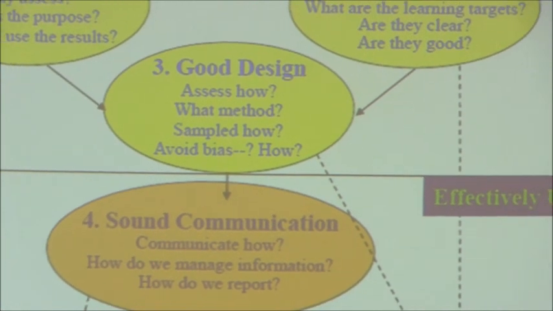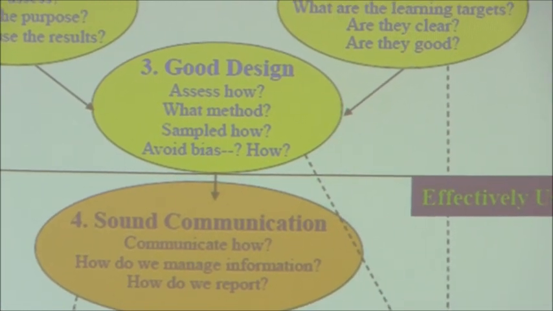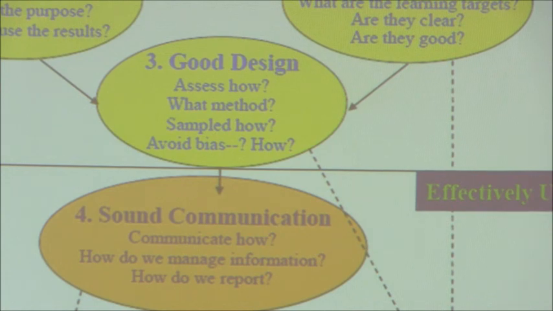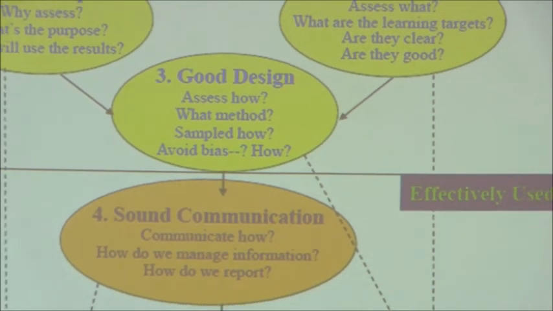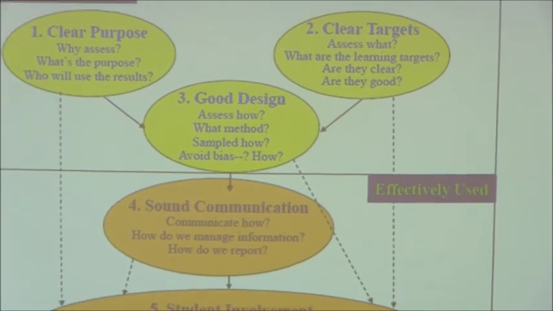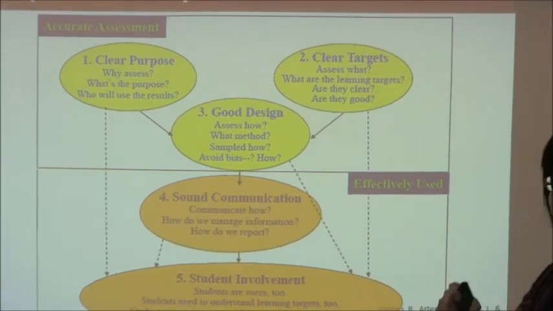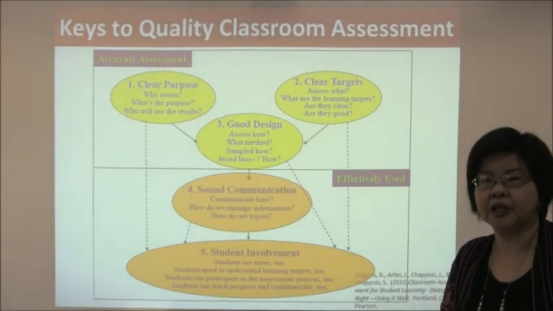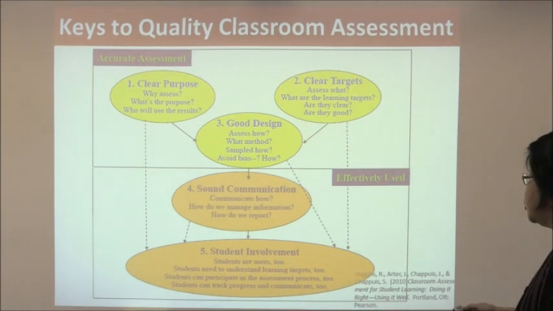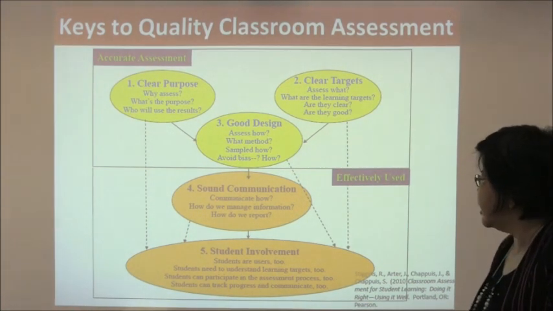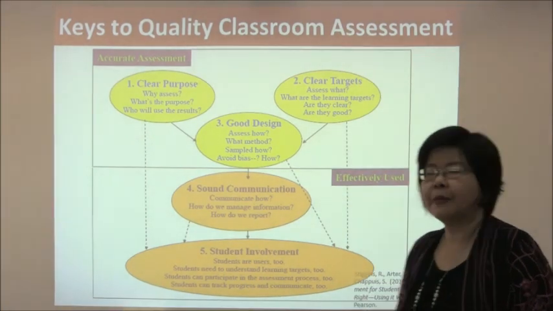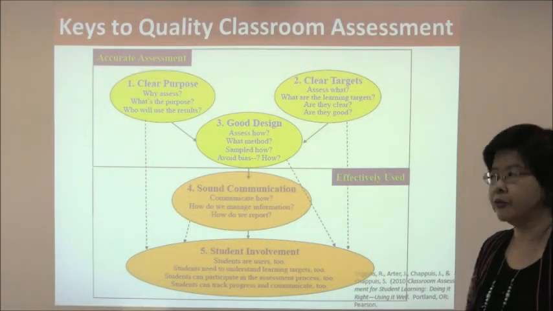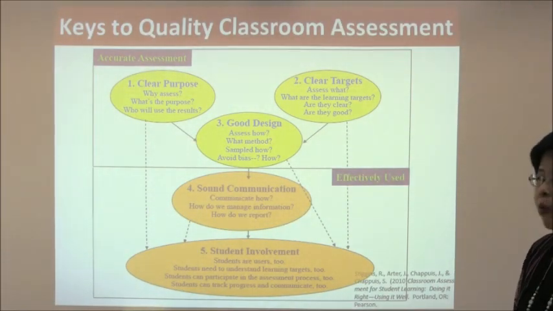Today specifically, we are looking at how we can use students to communicate the learning to one another. In the process, our students are involved in tracking their learning. It's not only the teacher. Students are involved to understand learning targets as well as to provide feedback to their peers to move the learning forward.